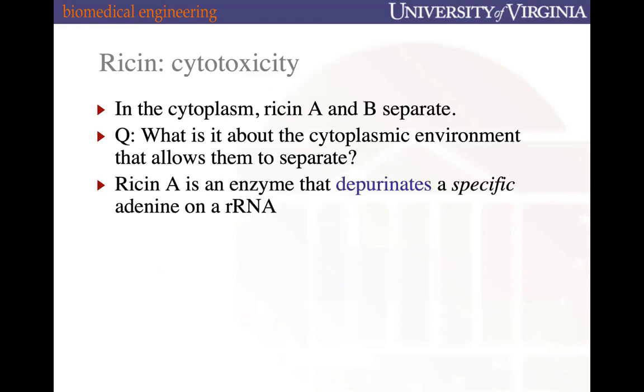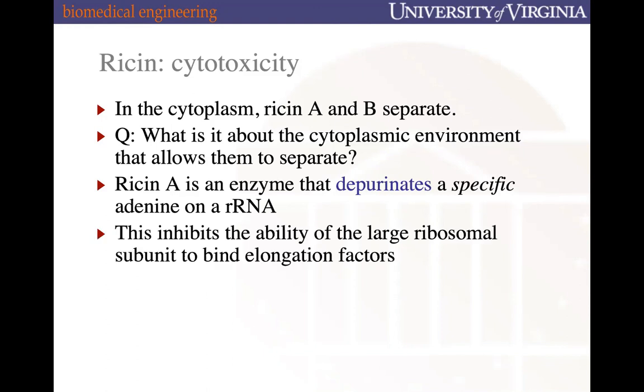And now ricin A is an enzyme that is going to depurinate specific adenines on ribosomal RNA. What's going to end up happening is that depurination is going to alter the ability for elongation factor to come in and bind to the ribosomal subunits.